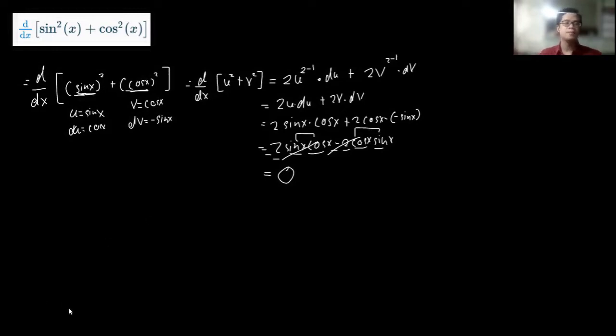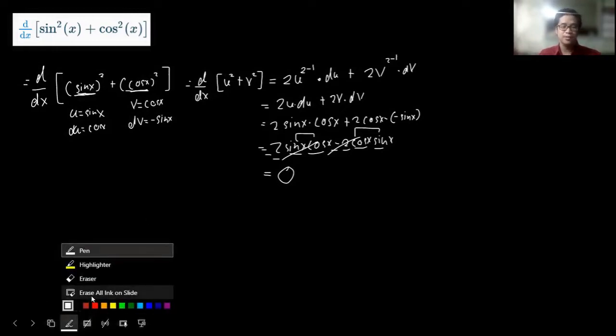But for me, I'm not going to do that. What I'm going to do instead is application of trigonometry. We know that sine squared x plus cosine squared x is equal to 1. Since sine squared x plus cosine squared x is equal to 1, I can substitute this expression with the derivative of 1.